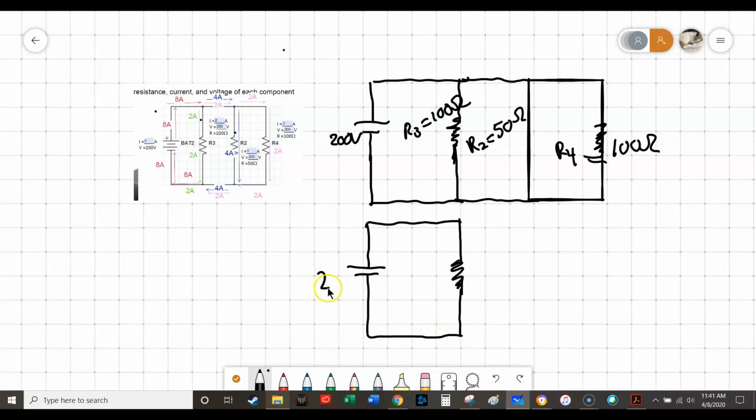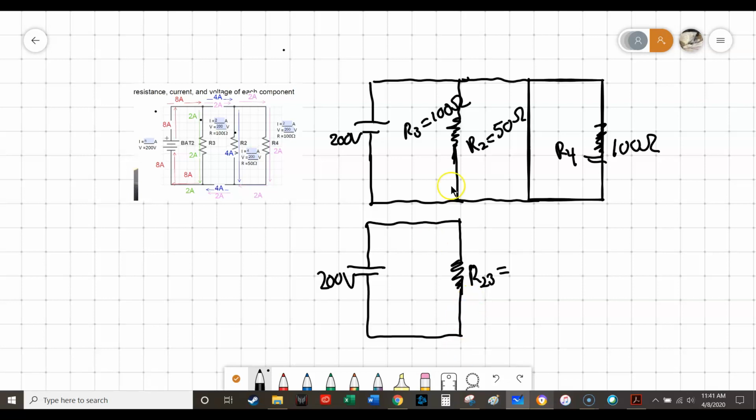This is the 200 volt battery. So R2 and R3 combined, I'm going to refer to that as R23. When I combine two resistors together into one resistor, you're supposed to designate it like that, as R23.